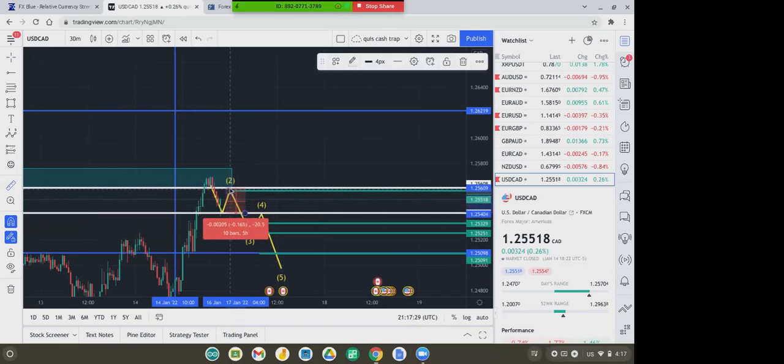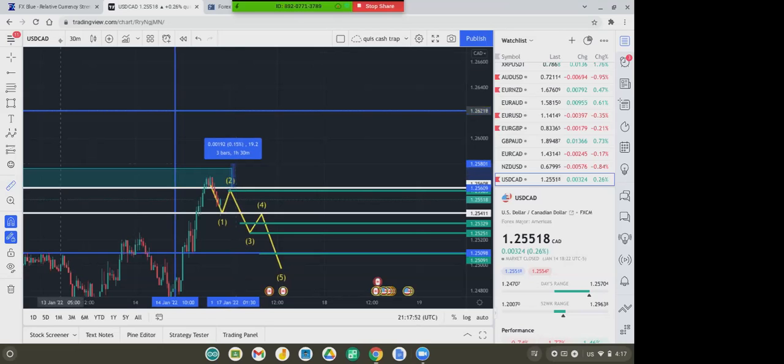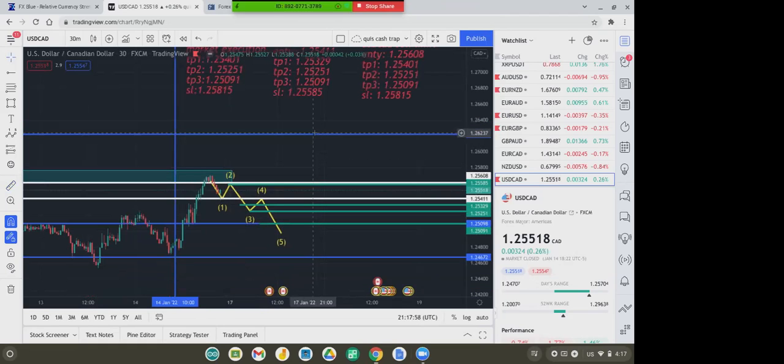Then TP2 was right here. That would have been 36 pips. TP3, 52 pips, right? And the stop loss was up here, I believe, it was right here. The stop loss was only 19 pips. So, yeah. All right, and so if you want to count pips. So, yeah, that's how I analyze the market.